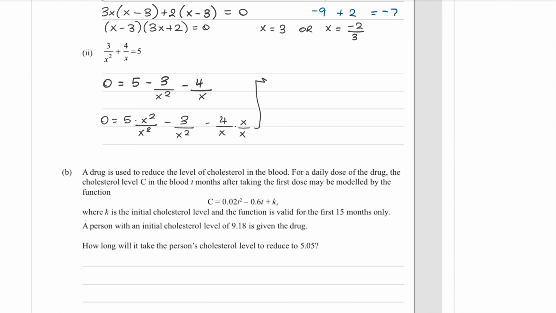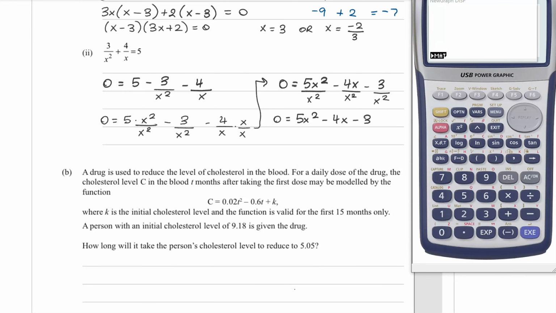So I'll have 0 equals 5x squared over x squared minus 4x over x squared minus 3 over x squared. Now they have the same denominator, so if I multiply both sides by x squared, I'm just left with 5x squared minus 4x minus 3. Now what I could do is I can put this in my graphics calculator.